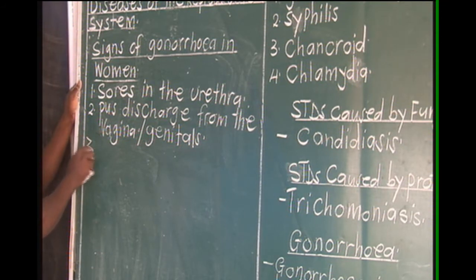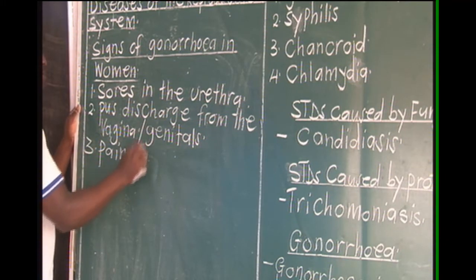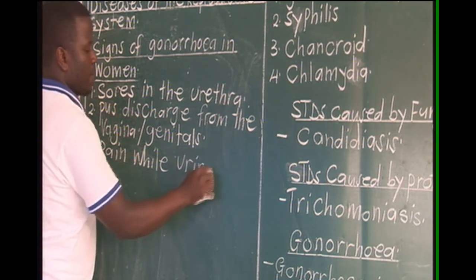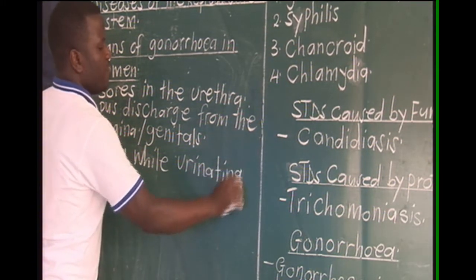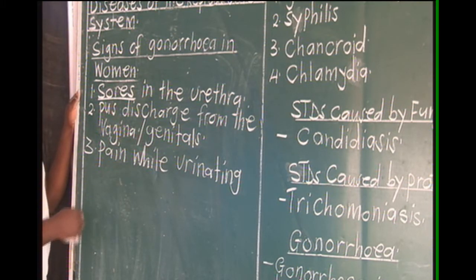Then number 3, pain while urinating. And the reason why you feel pain while urinating is because you have sores in the urethra. So when urine passes through the urethra, you feel pain because the wounds are there.